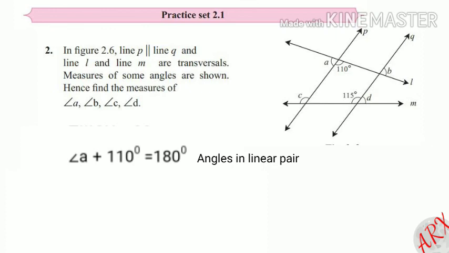Hence angle A plus 110 equal to 180. Now shift 110 towards the right hand side. Therefore angle A equal to 180 minus 110. Therefore angle A equal to 70 degrees.